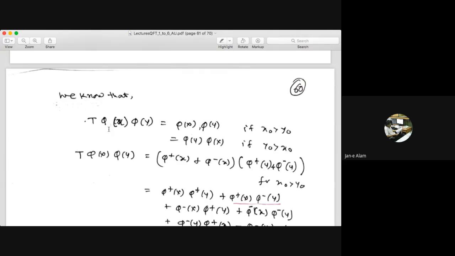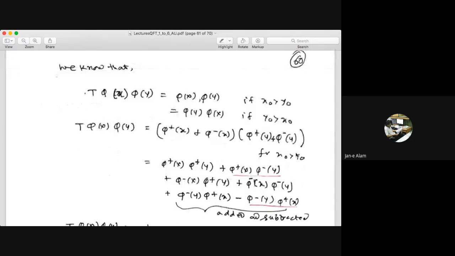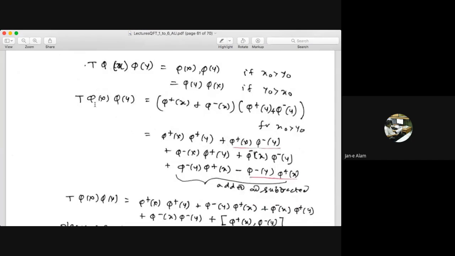Now I am evaluating the time order product of 2 scalar fields, phi x and phi y. By definition, the time order product is phi x phi y if x naught is greater than y naught, and it is phi y phi x if y naught is greater than x naught, where x naught and y naught are the temporal components of the 4-vectors x and y respectively.